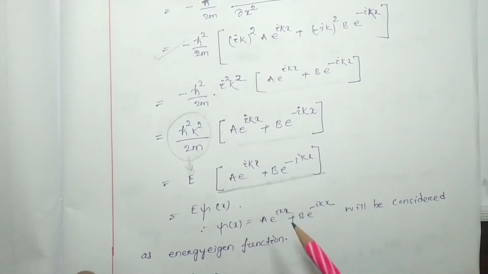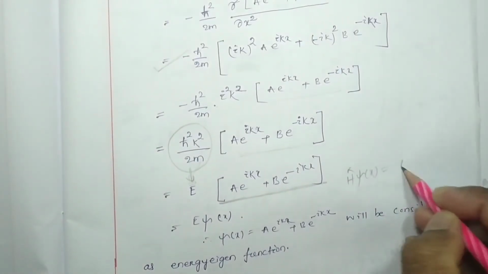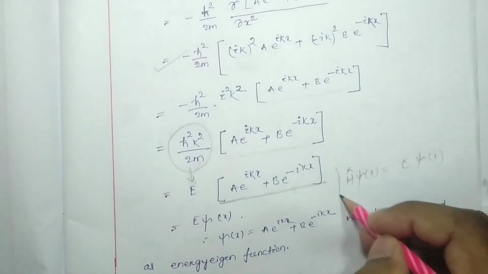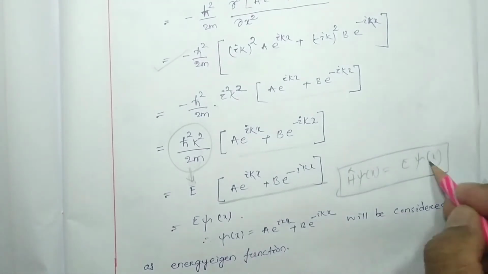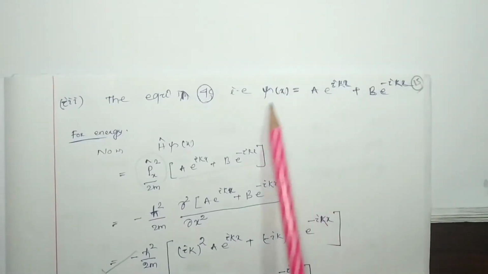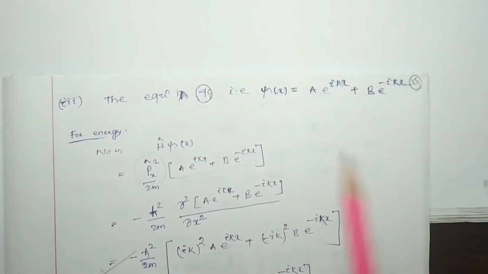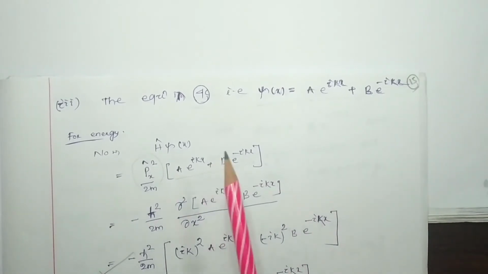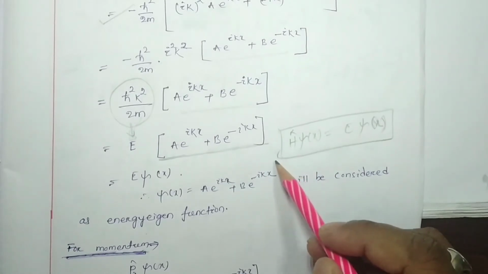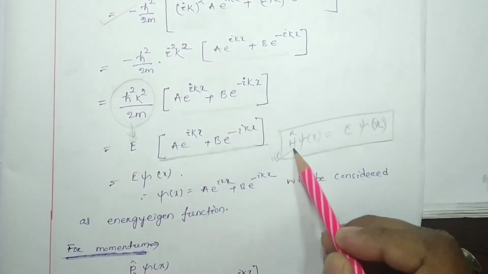That means we can say H cap psi(x) equals E psi. The present wave function, whatever we have taken for energy, will be called the energy eigenfunction, and the corresponding eigenvalue equation is this one.